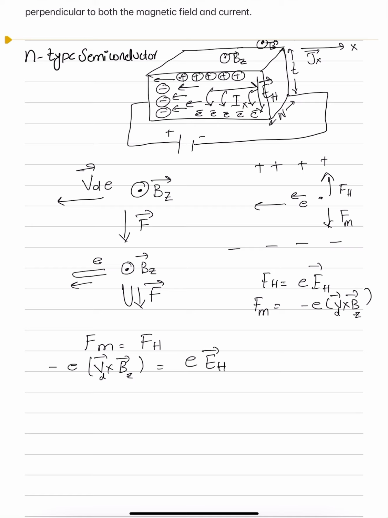Because these two forces balance each other, we equate these two equations. So e v into B. The velocity and the magnetic field are perpendicular to each other, so vB sine of 90 is equal to e EH.